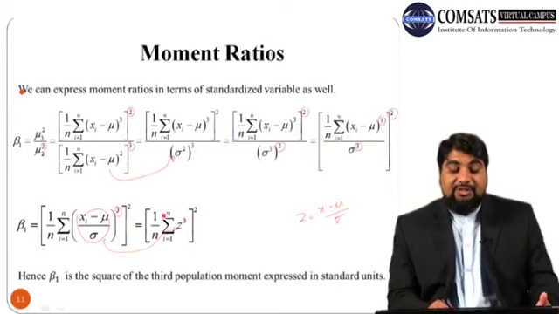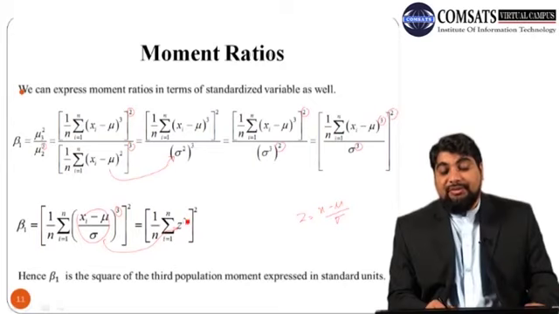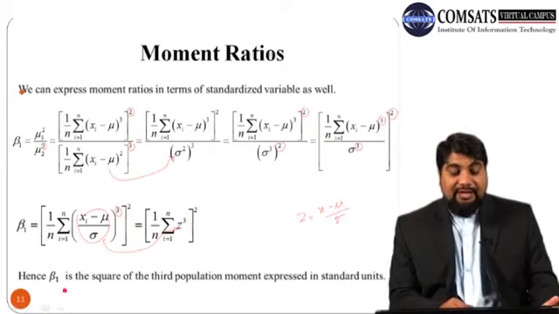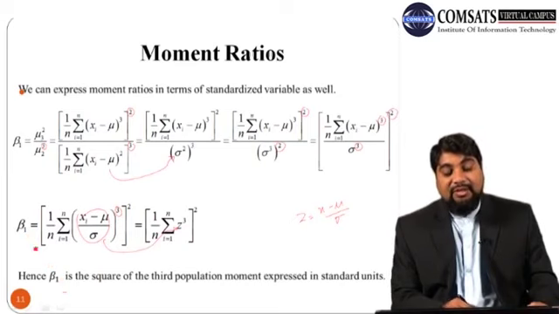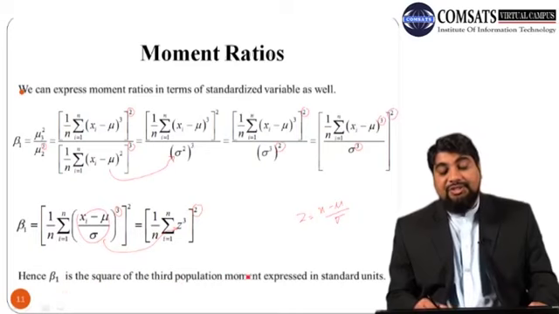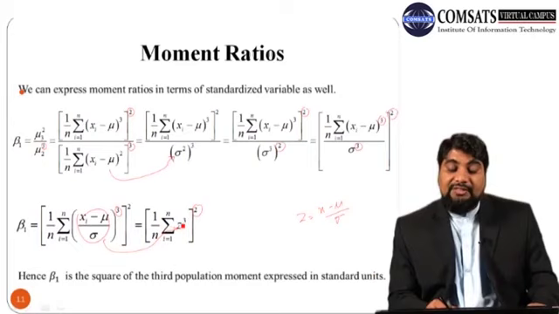So look at this expression, 1 over n summation z cube. It is the third moment. So hence we can say that this beta 1 is the square of the third population moment expressed in standard unit. So this is z cube, so it means we have summation z cube over n, so this means we have the third population moment.